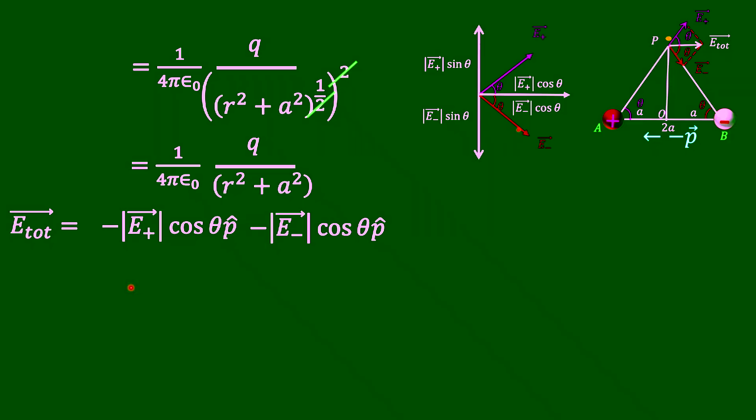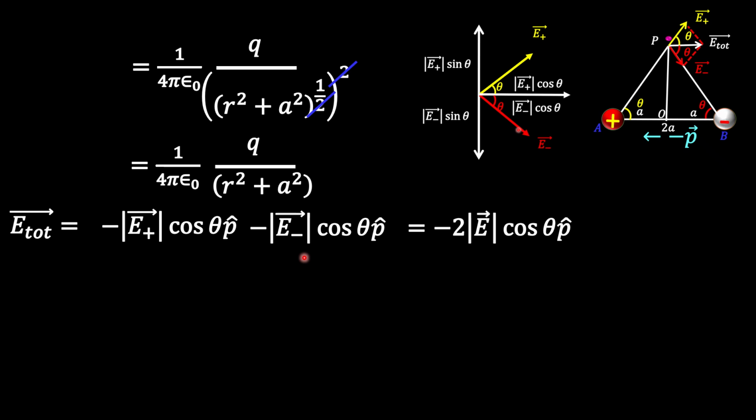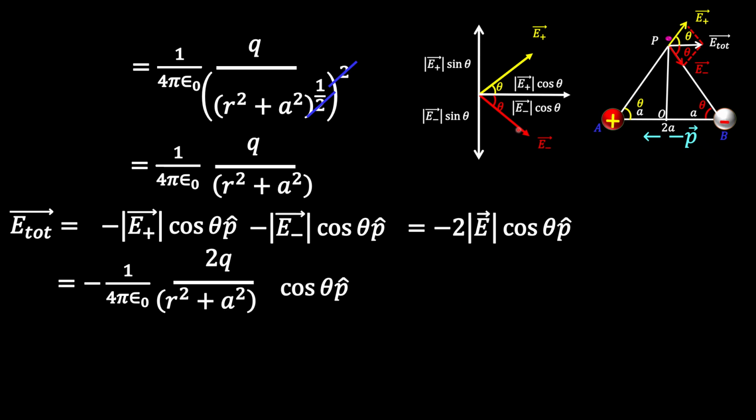E total vector value we can write as minus 2 into magnitude of electric field vector into cos theta p cap, because magnitude of E plus vector is equal to magnitude of E minus vector. Substituting this value instead of magnitude of E vector, we get this one.